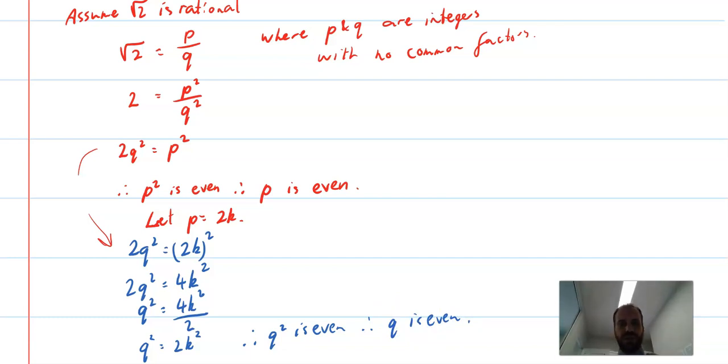Uh-oh. This is where the contradiction comes in. P is even. Q is even. But our first assumption was that P and Q did not have common factors. But if P is even and Q is even, they do have common factors. The common factor is obviously 2.